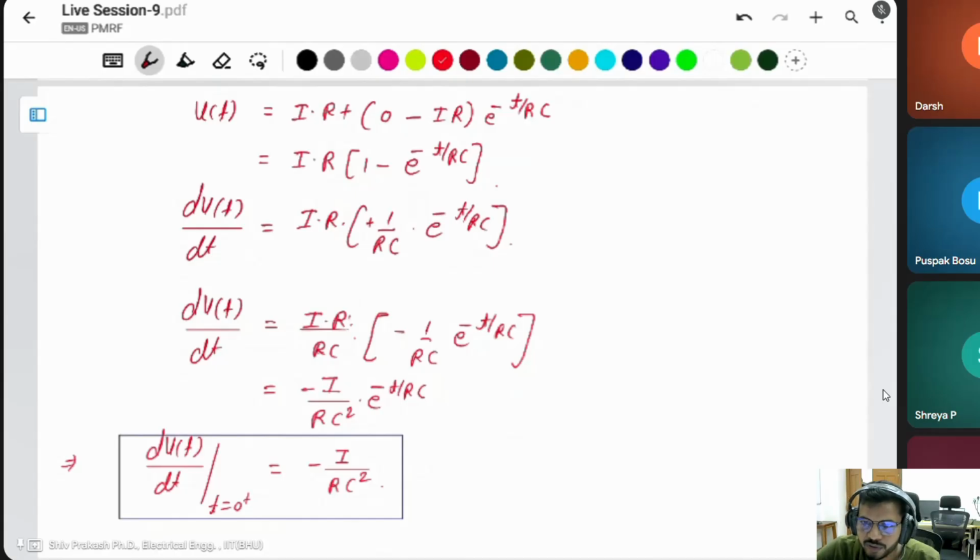Then if you get the voltage of the capacitor, simply apply the double differentiation, and since it is asking about t is equal to 0 plus, simply you can put the value t is equal to 0 and find the value.